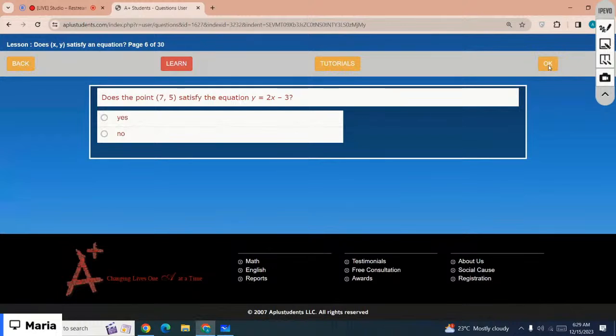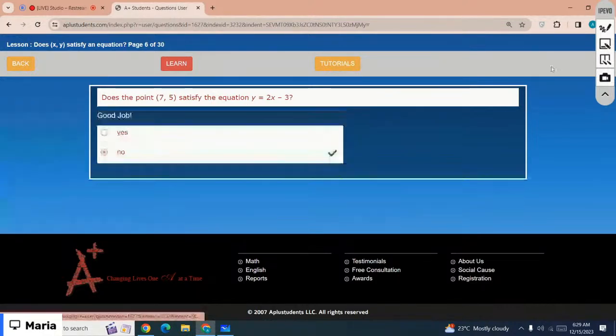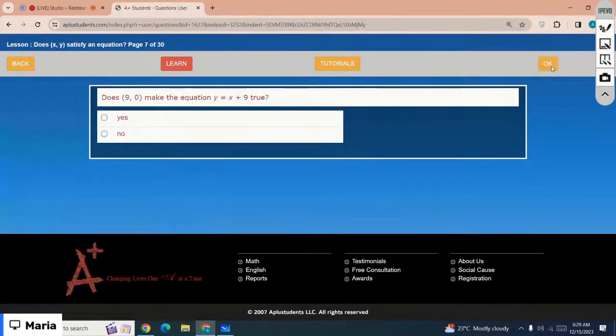The correct option is no. This is not the solution of the equation. So the correct option is no. The next one is, does (9, 0) make the equation y equals x plus 9 true, which is the correct option?